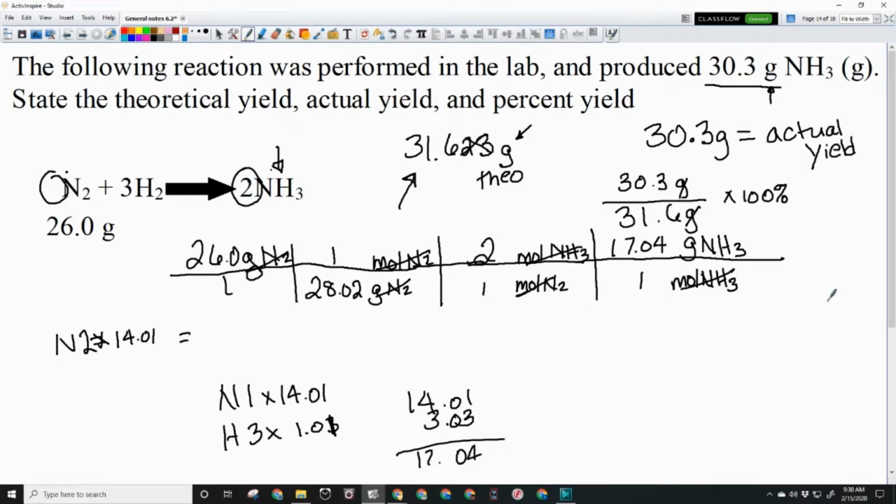So that's 30.3 divided by 31.6 times 100. And we're going to get 3 sig figs, 95.9%. That's pretty darn good. I would take that to the bank. All right, so that's how you calculate yields.